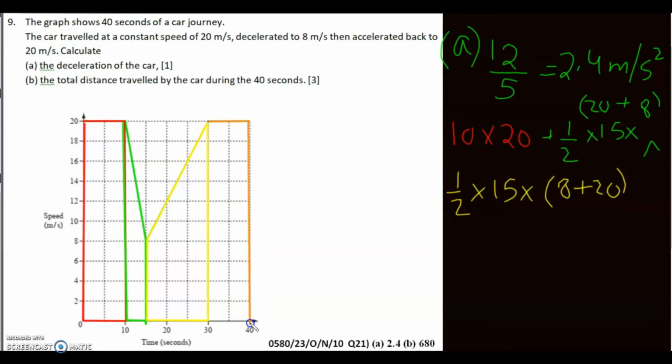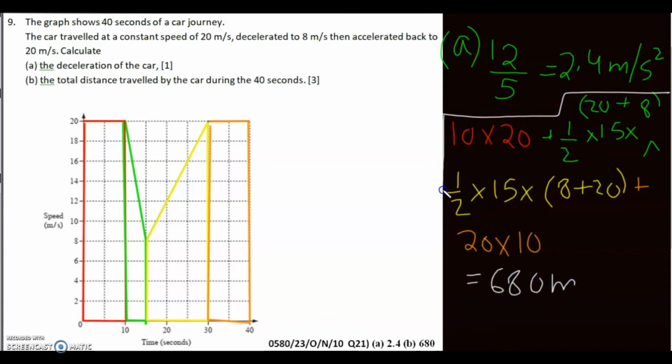So this would be 20 times 10. So find this product, the final answer, and that should be 680 meters. All these sums and products in the calculator should give 680 meters.